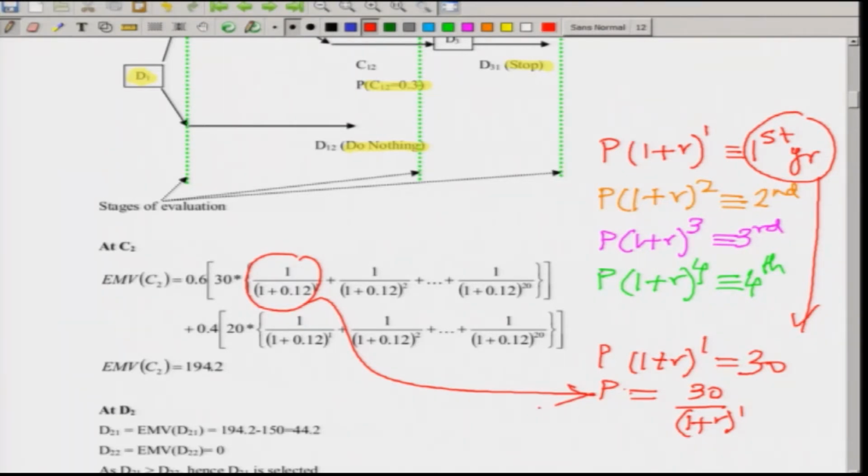So just look at it. Now let us go into the second calculation for the second year. Let me use a different color. First let me erase it.